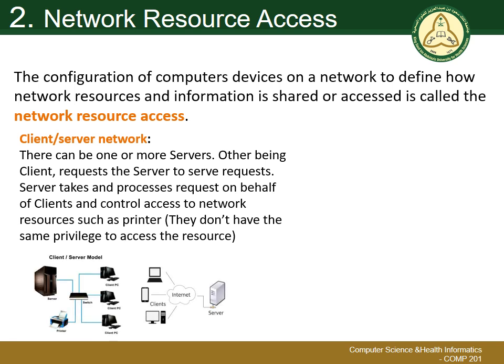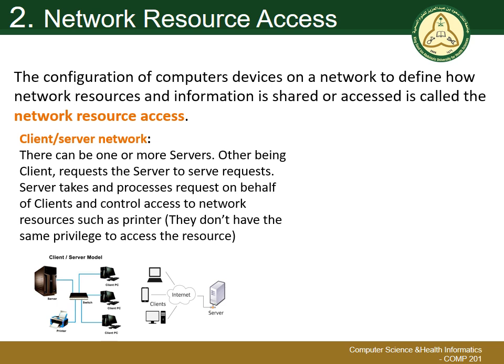Example here, as you might see, this picture can depict what we are mentioning. We have a server here and we have clients here. Those are the devices, and they are connected to each other. So if one of these guys is trying to access the resource, which is the printer, they are not accessing the printer directly. They have to access the printer through the server.